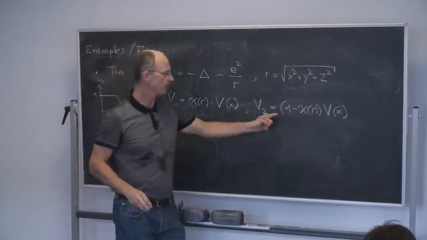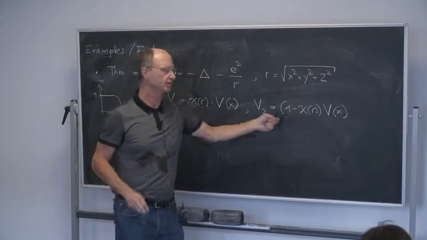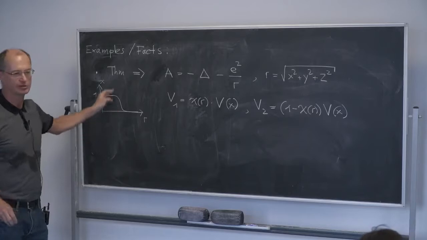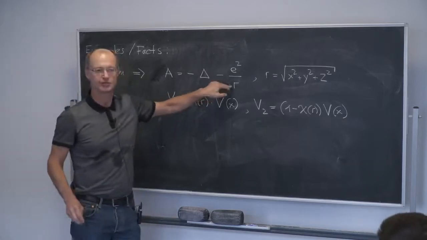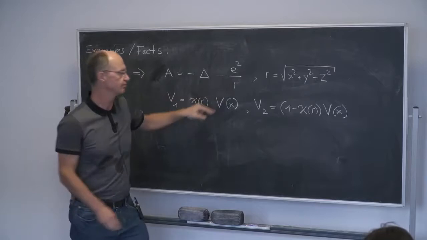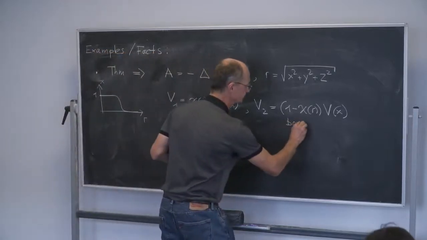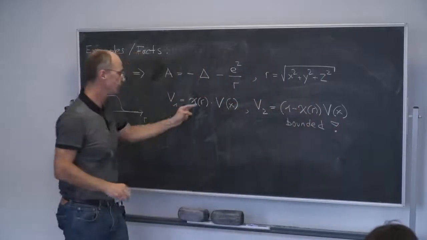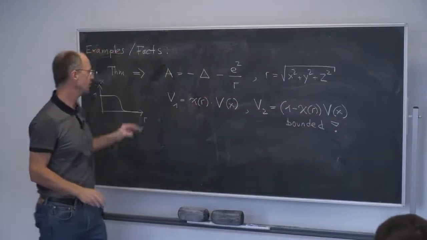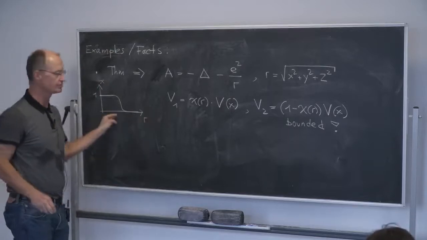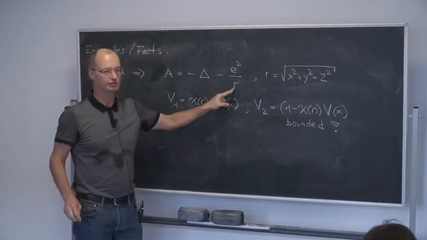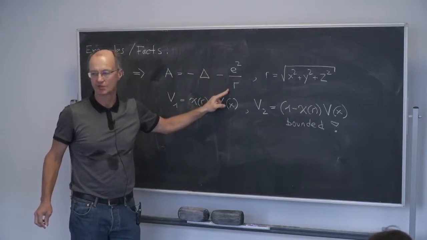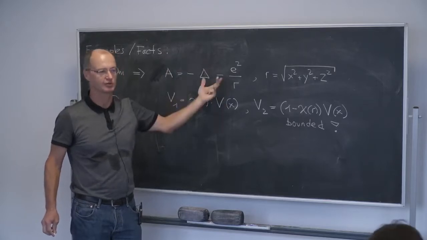Well, now this guy is bounded, right? Because we take away, 1 minus chi vanishes near the origin. So we take away the region where this guy has a divergence. So this guy is bounded. What about this guy, right? So we cut off long distances, and near the origin 1 over r is square integrable on R3, right? Because its square is 1 over r squared.